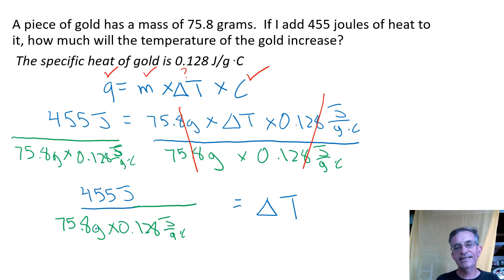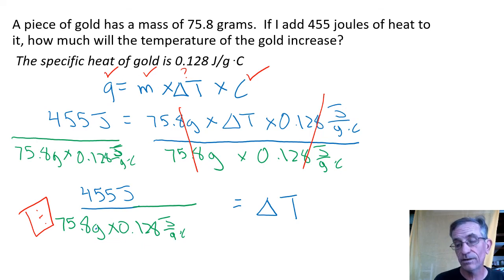Now you've got to get this into your calculator. Make sure you do it the way I'm about to tell you, or you're going to get a math mistake. You would type in 455 joules, then divide by 75.8.